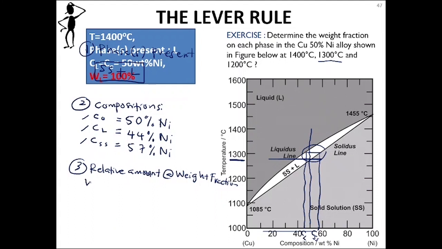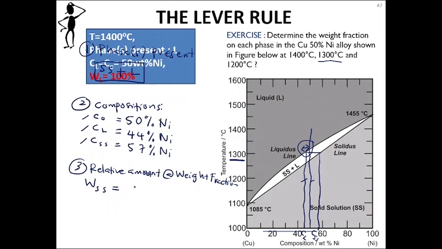To find the weight percent or weight fraction of solid, we must use the line from the intersection until the liquidus line. We follow the lever rule and divide by the overall line. To get this short line, we need to use C naught minus CL.